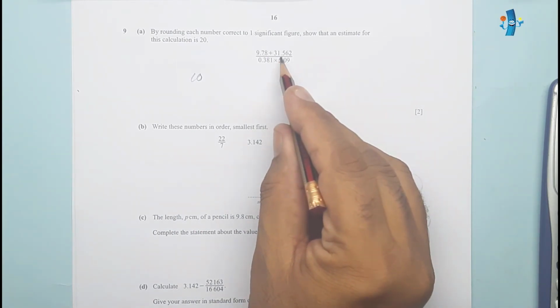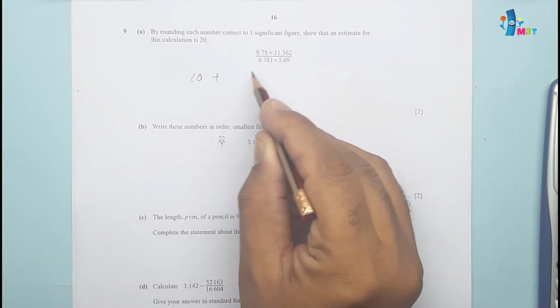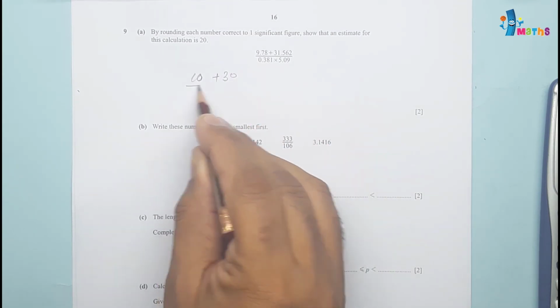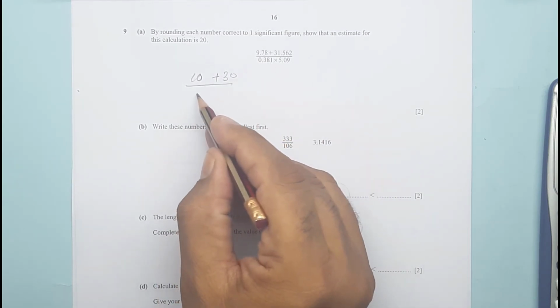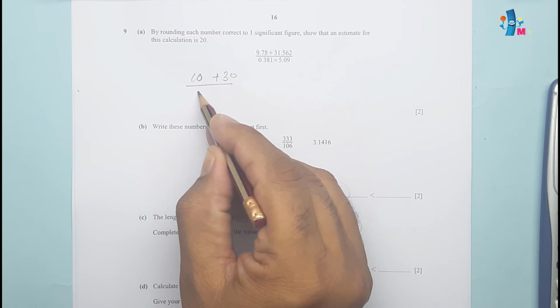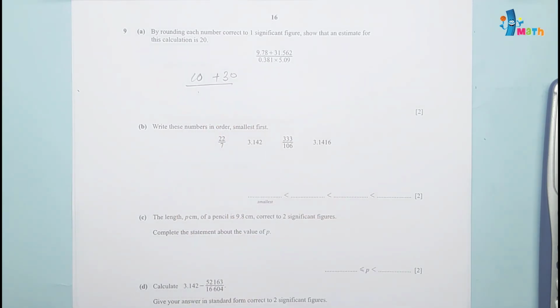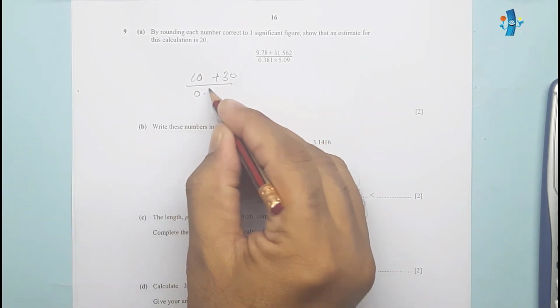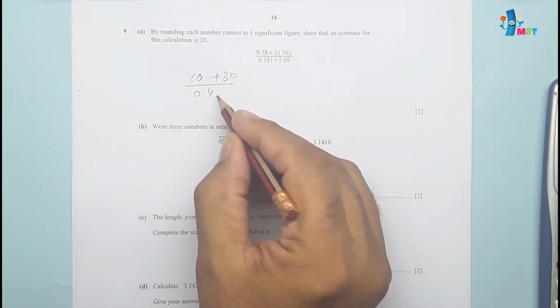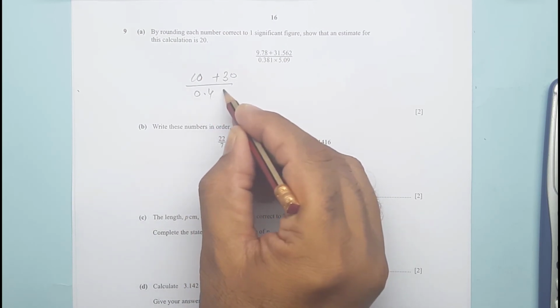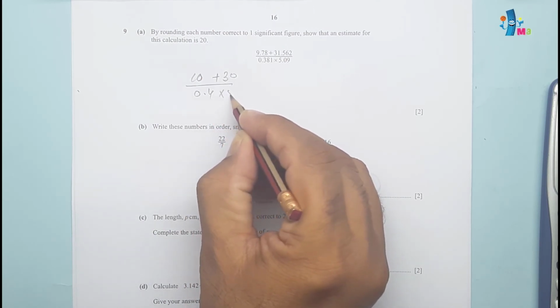This one is closer to 30, so it will be 30 over, and this one to one significant figure will be 0.4, because leading zeros are not significant, and then multiply by 5.